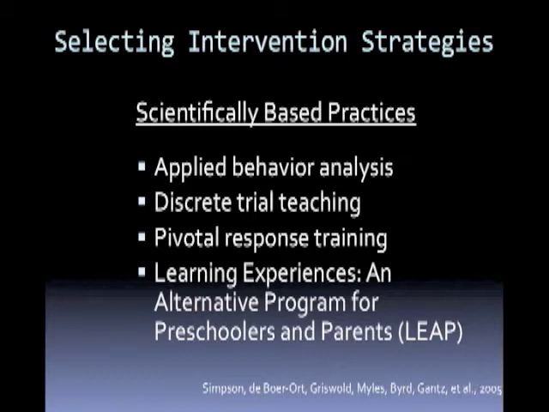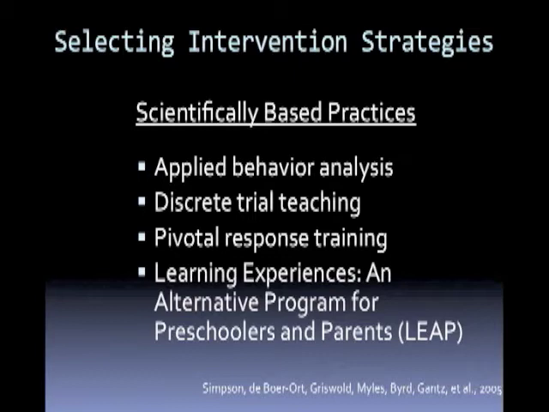In the field of autism, we now have evidence-based practices that we can follow in order to know which interventions have been shown to be effective for individuals with autism, which ones are not effective, or which ones might even be harmful for individuals with autism. There's been a lot of research done lately on trying to get a set of evidence-based practices that everyone in the field can use and can turn to whenever we're looking for really good strategies to use with the people we're working with.